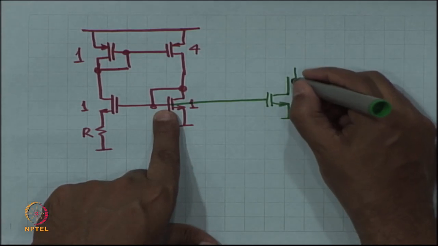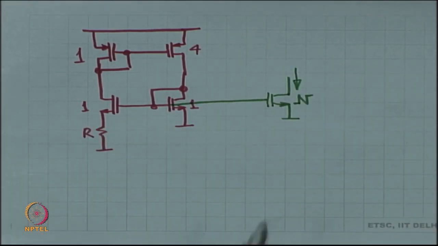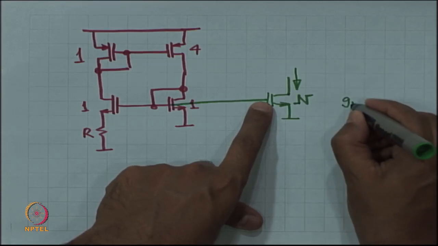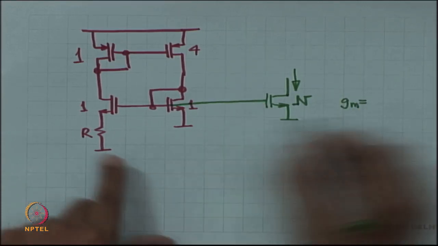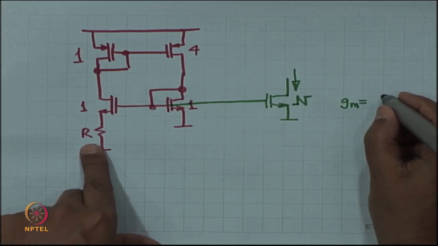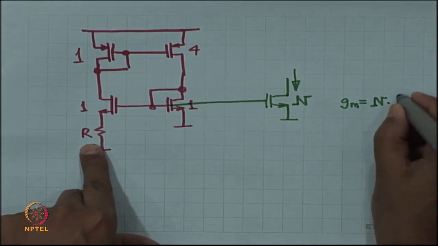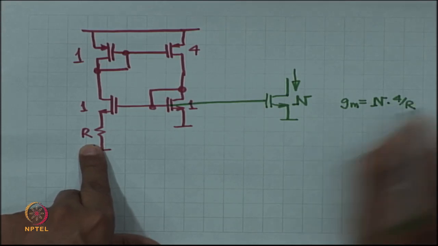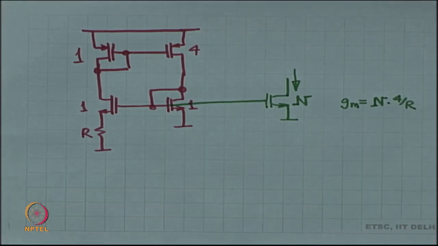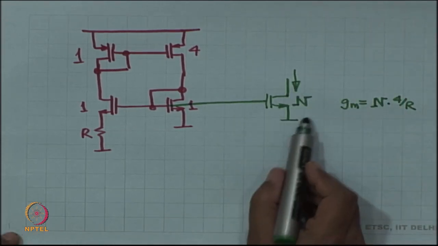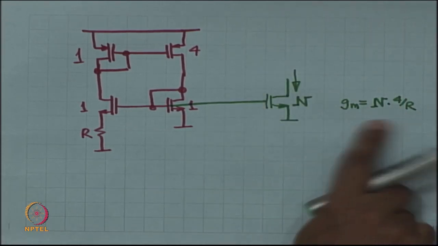This mirrored current is such that the GM of this device is equal to n times 4 by R, where R is the value of this resistor. So, this I is such that the GM of this device is n times 4 by R.